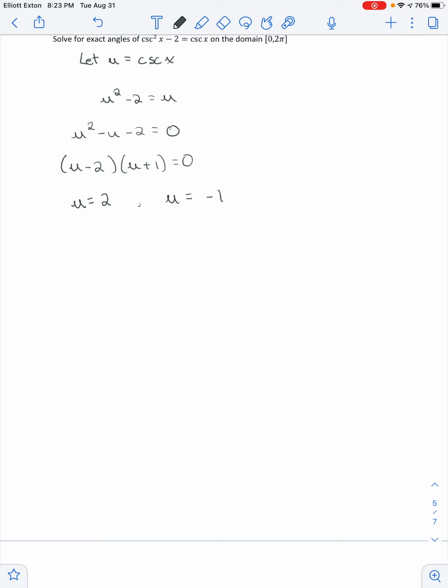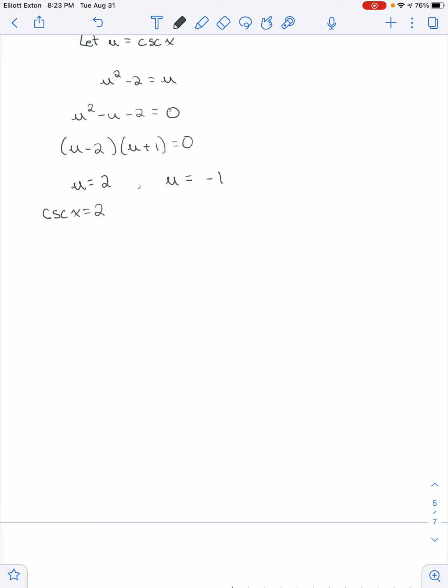So for my solution for u equals 2, I really have cosecant x equals 2. And remembering you can now apply our reciprocal identity that cosecant x is 1 over sine x. And I can rearrange this to get sine x out of the denominator.